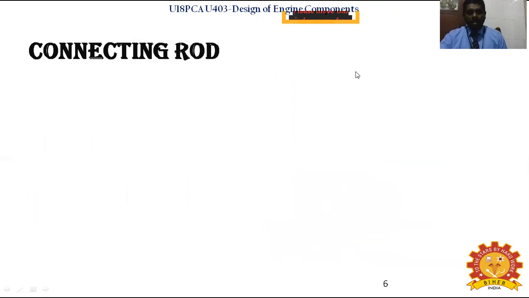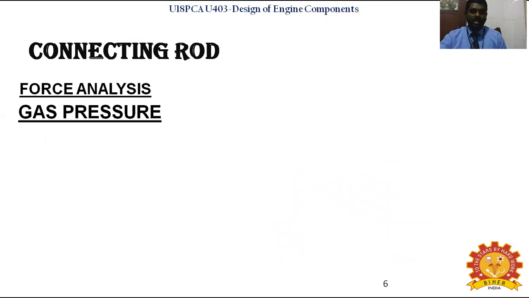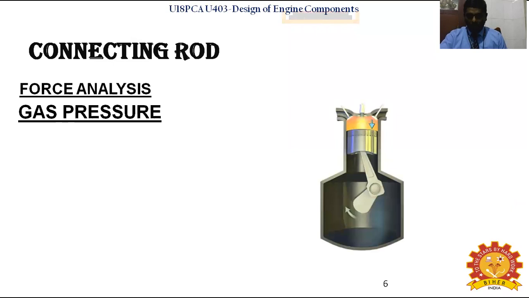And then force analysis. In the force analysis, first is gas pressure. When the inlet valve opens, the combustion takes place at the third stroke, the power stroke. First you will have the induction stroke, that is TDC to BDC. Then BDC to TDC while it is moving, you get the compression stroke.